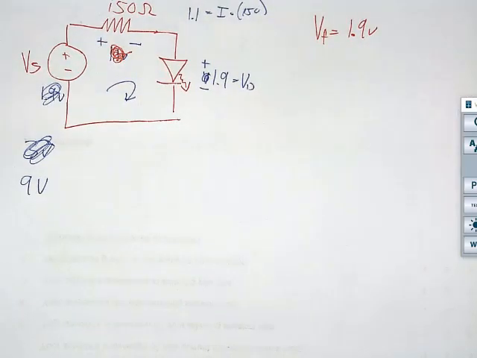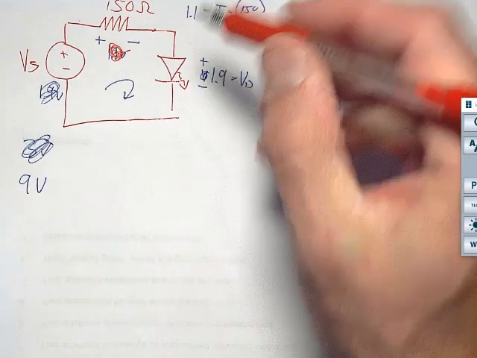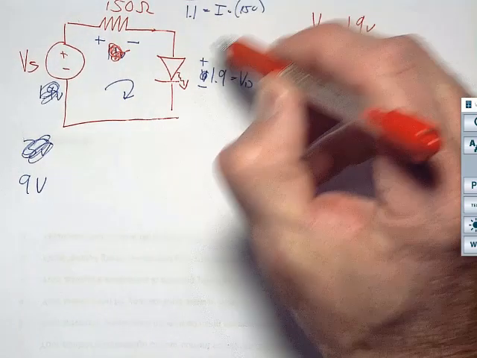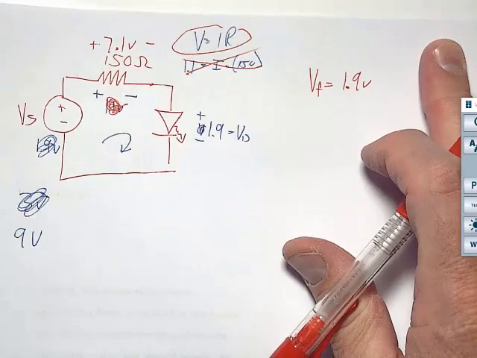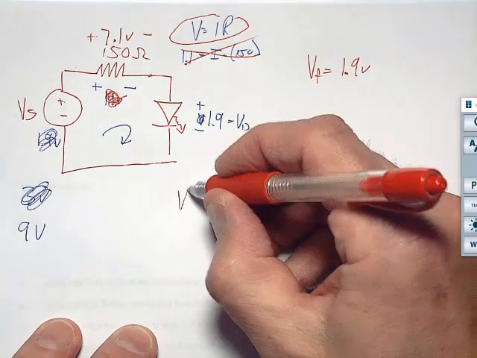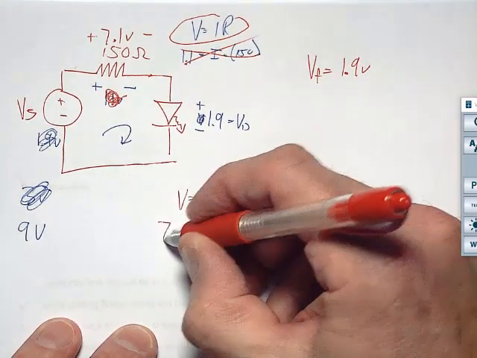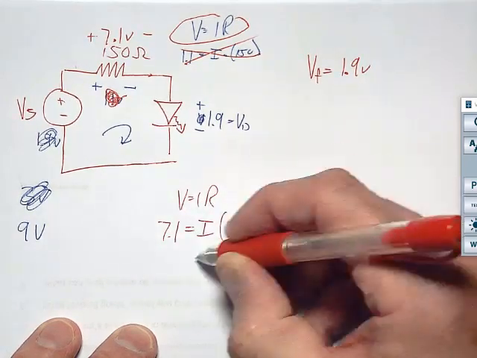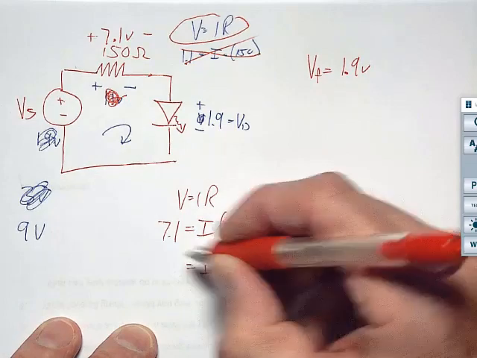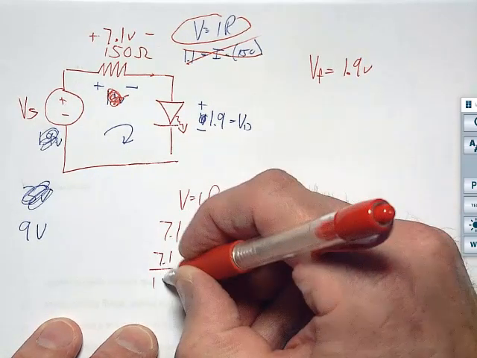So this is 7.1 volts across there, plus or minus. I now would like you to solve for the current. I'm going to use my buddy, V equals IR, with my new numbers. My voltage was 7.1 equals the current I'm trying to solve for times 150. And I want to solve for I. So that's 7.1 over 150.